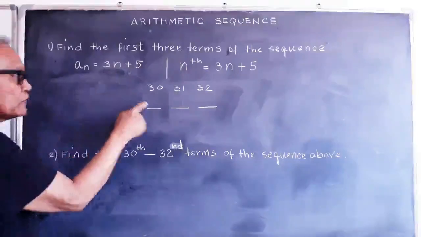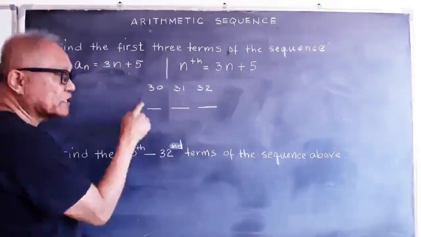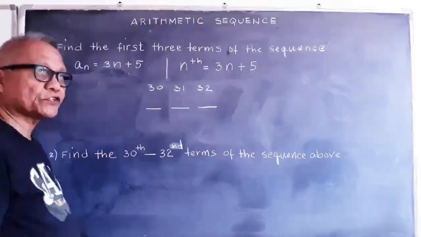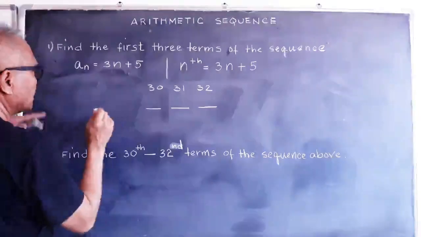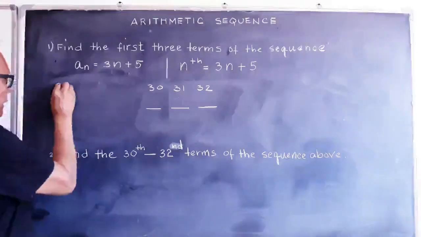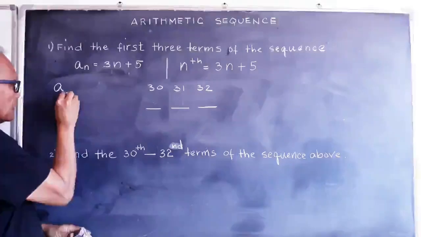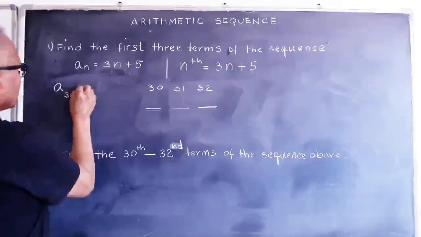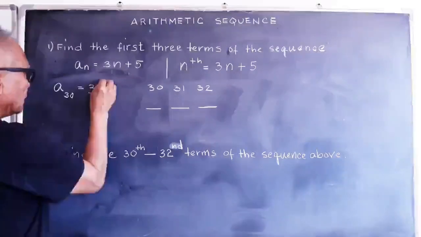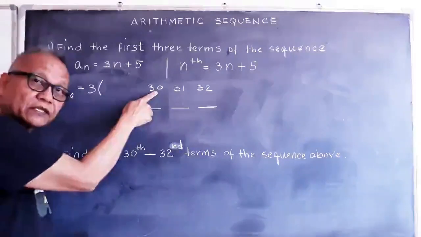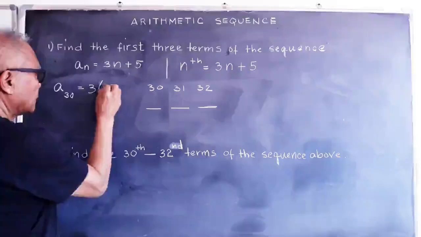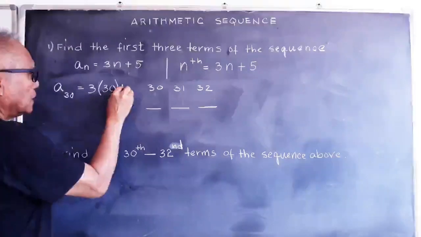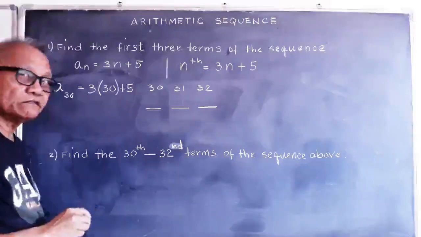So we're going to use that formula for the first term, which is the 30th, not really the first term, n is equal to 1. So what is the 30th term? a sub n is equal to 3 times n, and n is 30 now, not 1. So we have 3 times 30 plus 5.